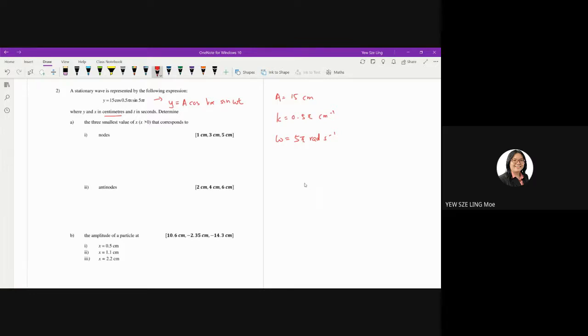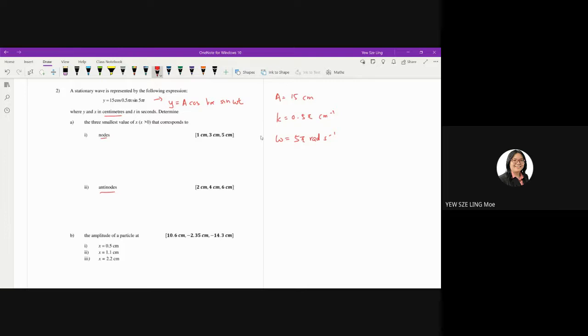Now, how are we going to calculate the three smallest values of x that correspond to nodes? You want to find the values for nodes, and then the values for anti-nodes. So what should you do, and how should you calculate it?